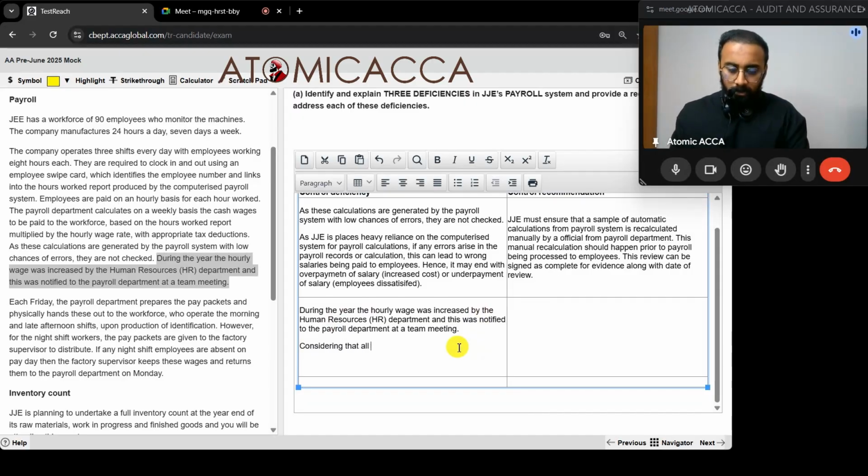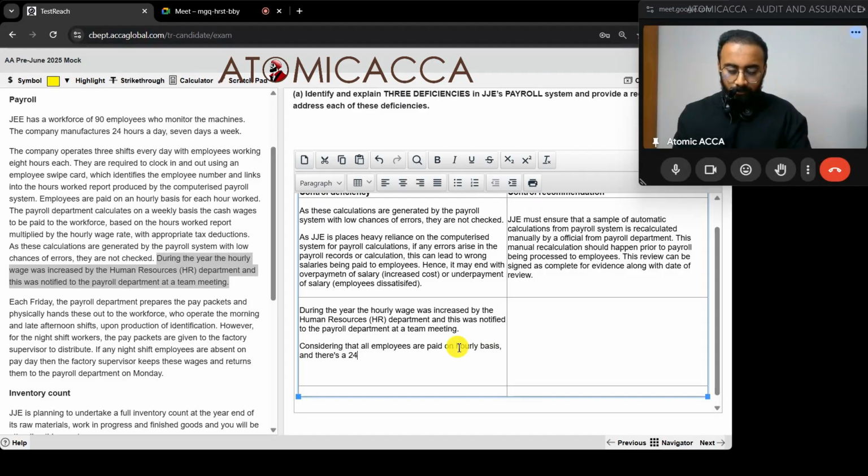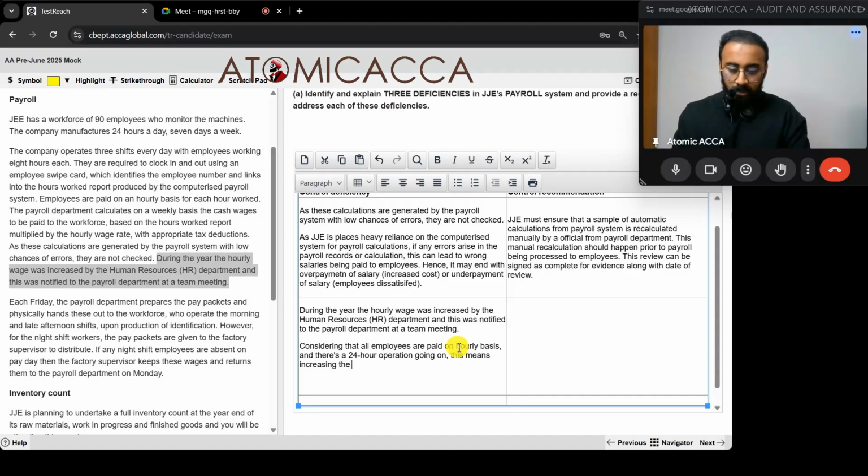Considering that all employees are paid on an hourly basis, and there's a 24-hour operation going on, this means increasing the hourly wage even by a small amount can ultimately become a huge expense for the company.